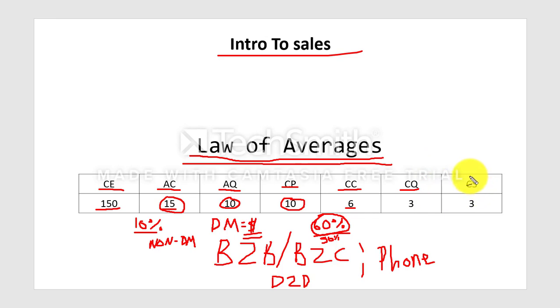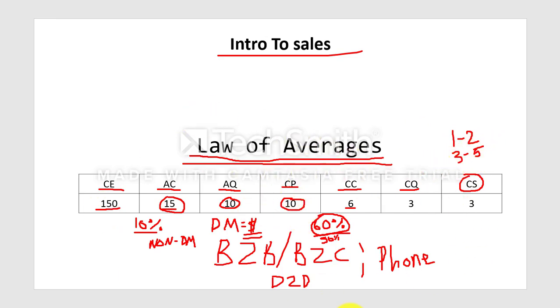Out of that, how many customers did I sell? If I talked to 150 people in one day, at the end of the day, how many customers did I actually sell? You want to make your LOAs based off of you. For us, we were selling 1 to 2 people a day, and if you were a good salesperson, you could even sell 3 to 5 people a day.